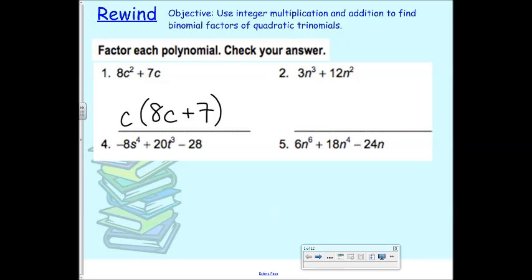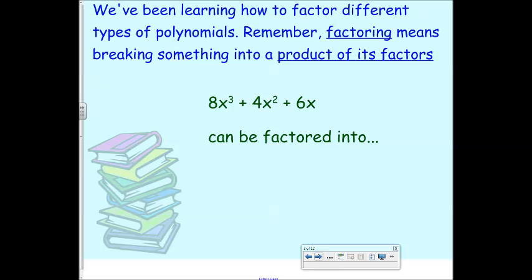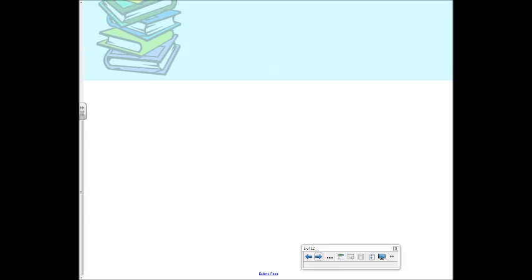So quadratic's a tricky one because it sounds like it should go to the 4th power, but it's to the 2nd power. So a quadratic trinomial is probably the most common thing that you're going to factor. So for example, we looked at things like x squared plus 6x plus 12, right? And that's a quadratic trinomial because it has 3 terms and it goes to the 2nd power.